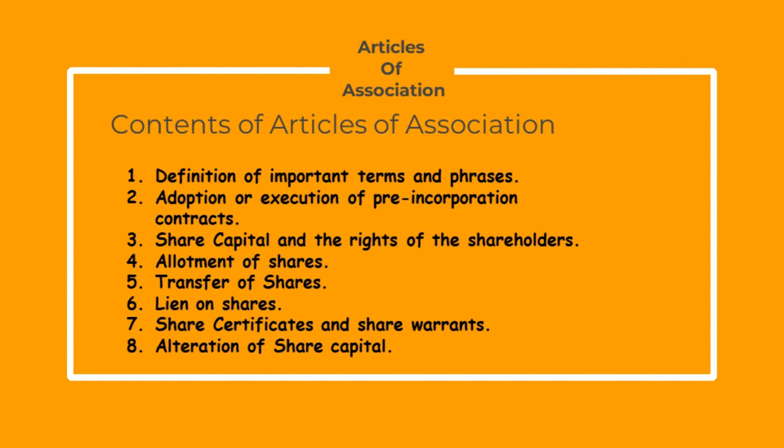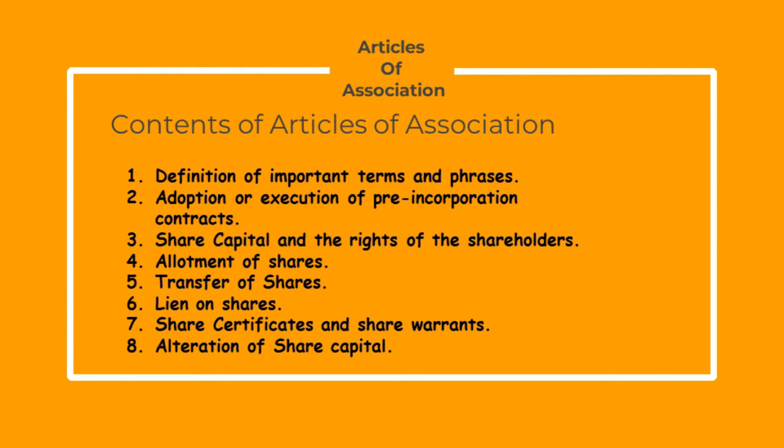Next one is, alteration must not constitute a fraud on the minority shareholders. There is a majority shareholder and a minority shareholder. You cannot commit a fraud on the minority shareholders by inserting a clause in the Articles of Association.